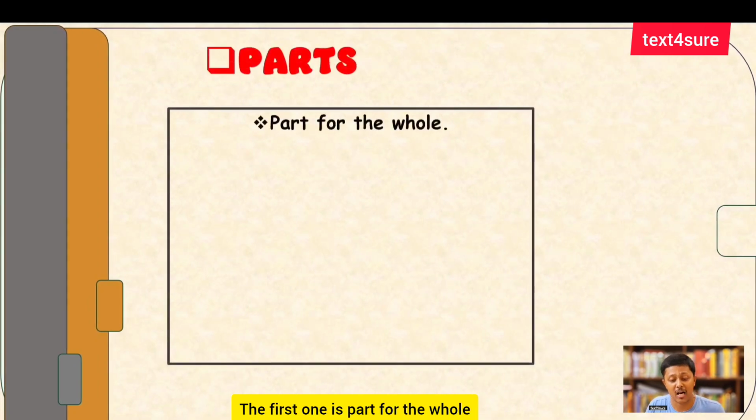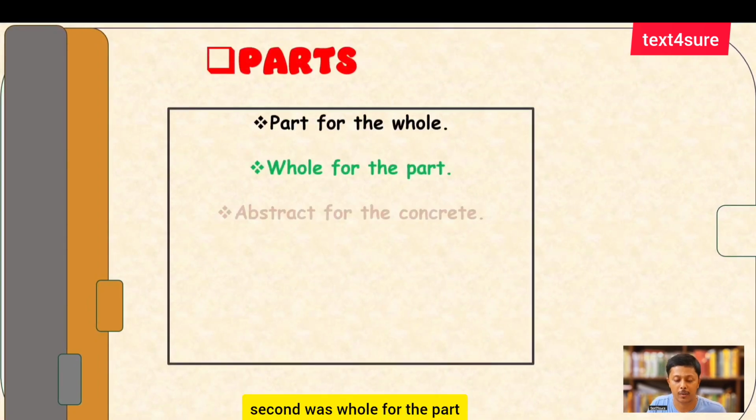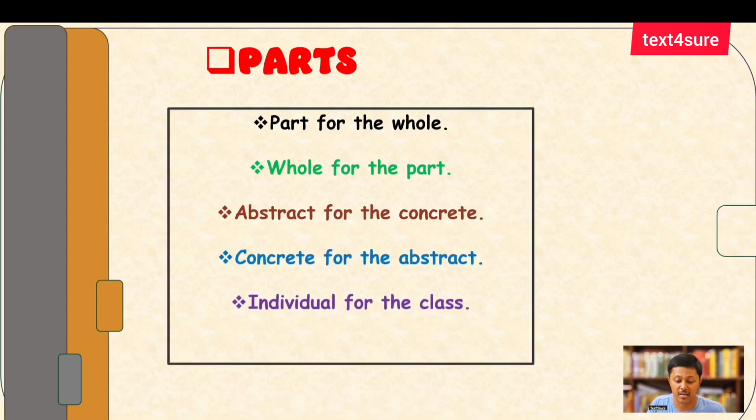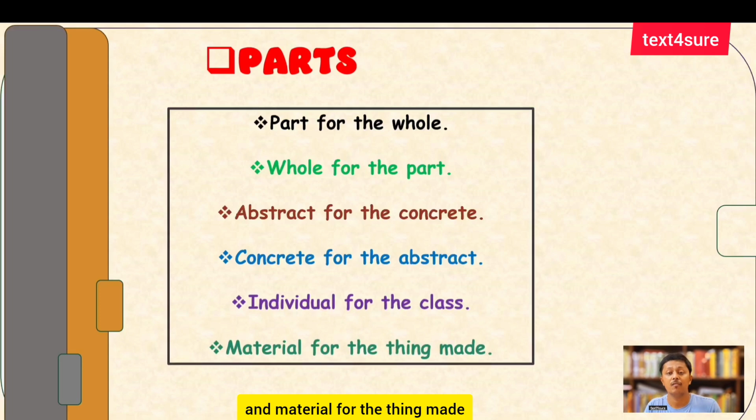The first one is part for the whole. Second is whole for the part. Third is abstract for the concrete, then concrete for the abstract, individual for the class, and material for the thing made. Now, how can you remember? Just take the first letter of each one in synecdoche, as in metonymy too. See this: PWACIM.